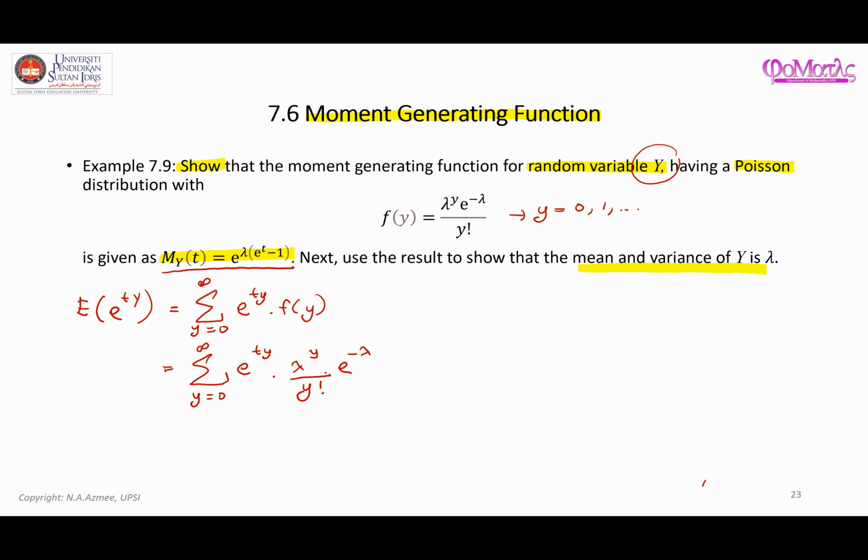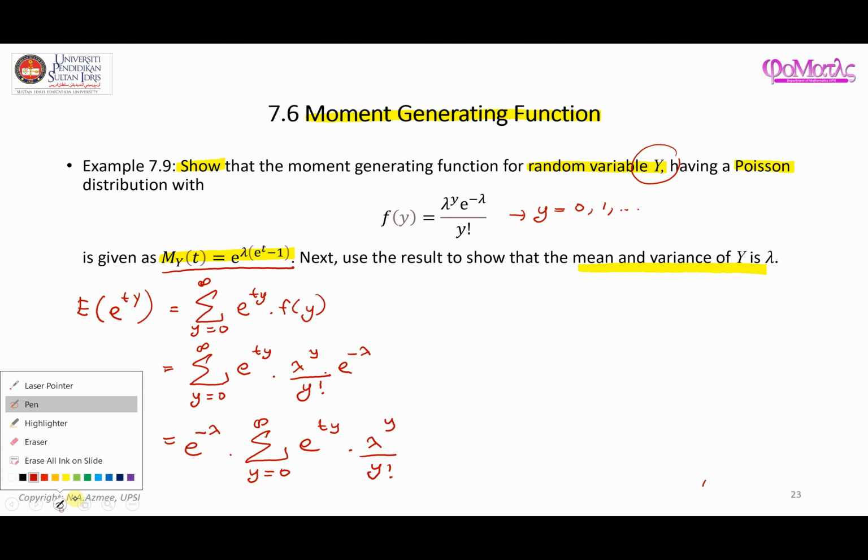Next, what we can do is try and recognize the constant and take it out of that expression. So here is negative lambda. It doesn't depend on y, so we know that this is a constant and you can take it out. So e to the negative lambda, and this is the rest of the expression given as such.